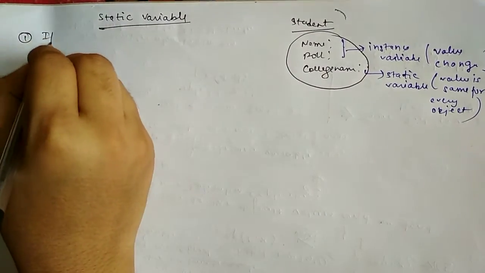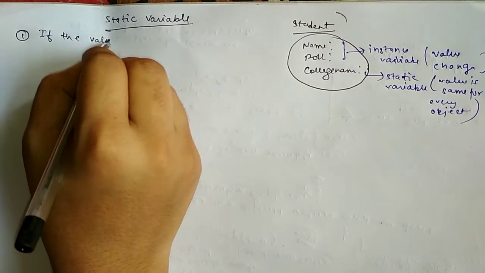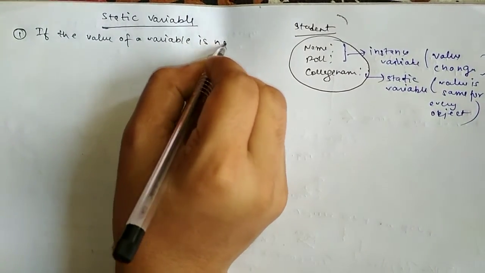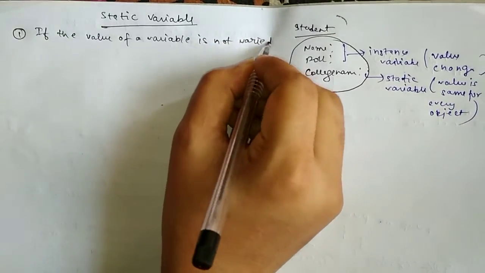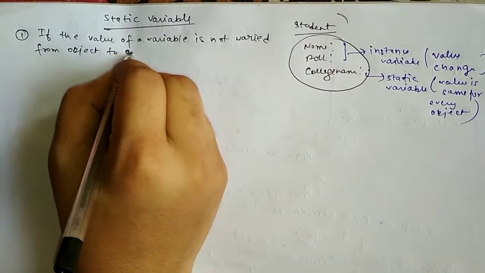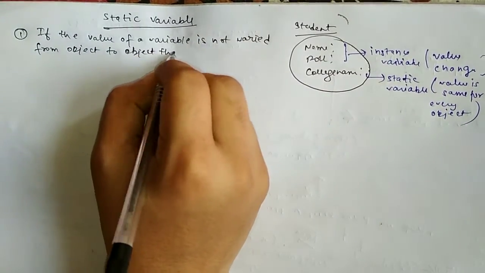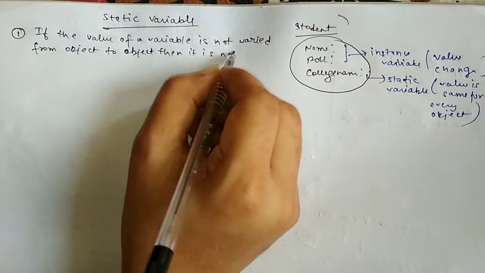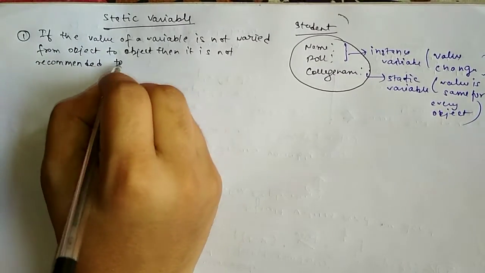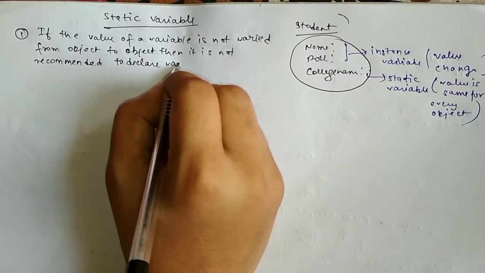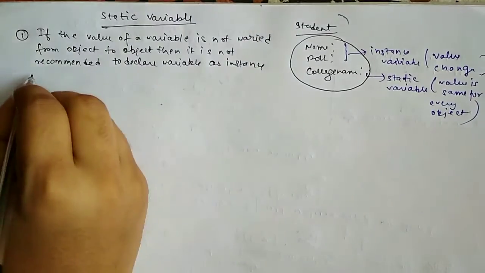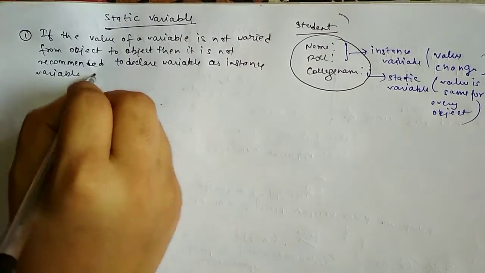So what we know is that if the value of a variable does not vary from object to object, then it is not recommended to declare the variable as an instance variable.